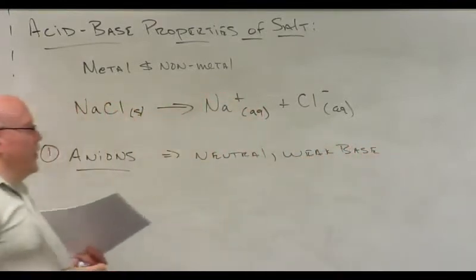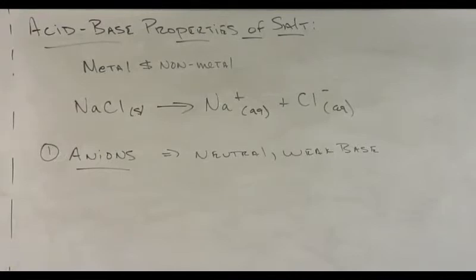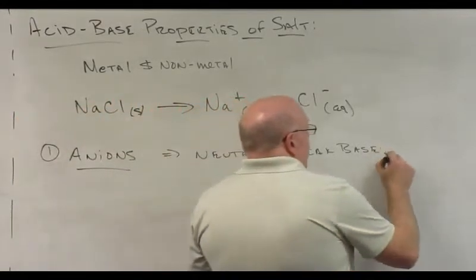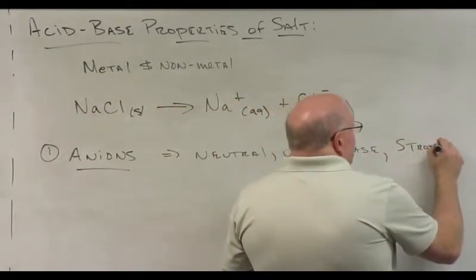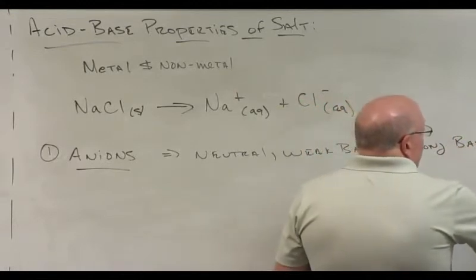That's what most of them do. They're either going to be neutral, that is, they do nothing, or they're going to be weak bases. There's a very small fraction of them that will be a strong base. But this is a very small group.